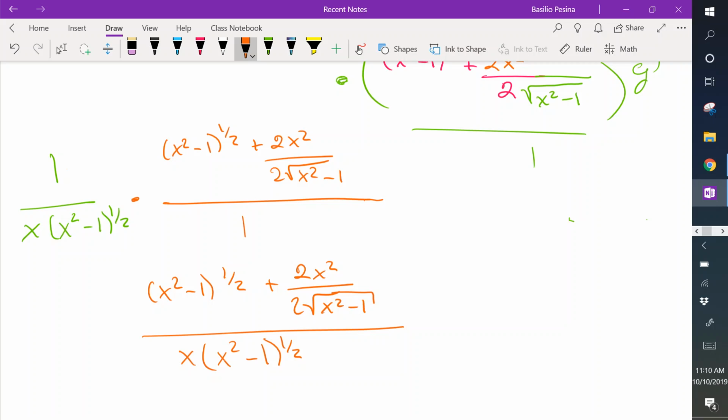This will be my entire derivative. But I can simplify, but I believe this should be good enough for us.